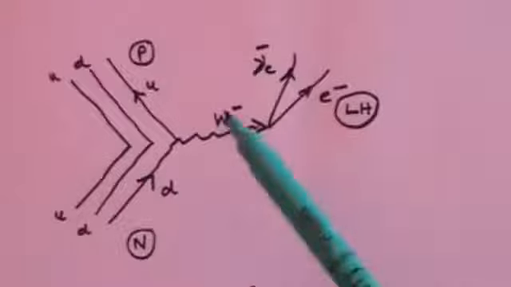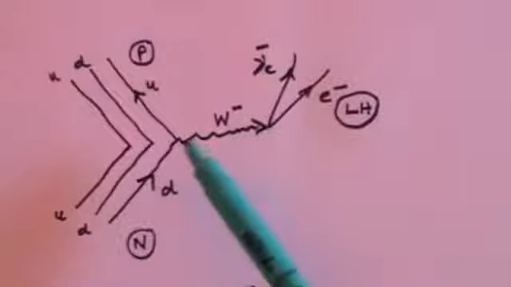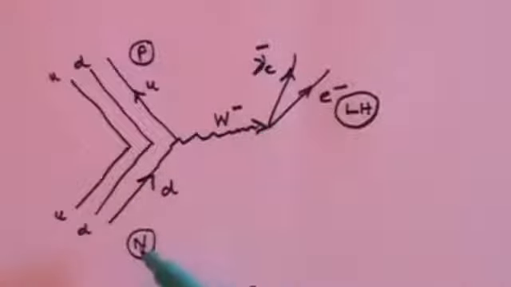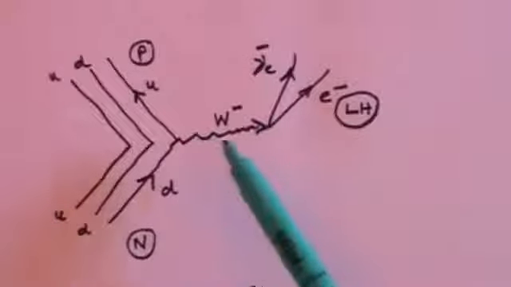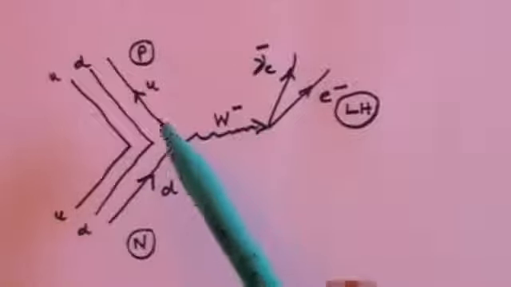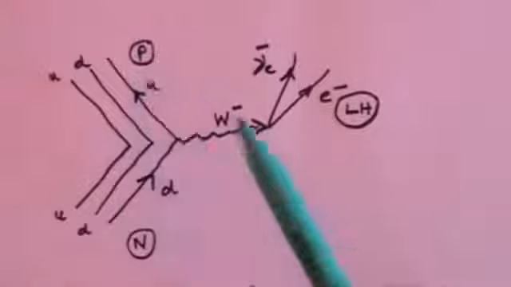What is actually happening in terms of charge in this diagram is that the W- is carrying away a negative charge from what was a neutral particle, the neutron. And if it carries away a negative charge, then for charge conservation, it must leave a positive charge, which is why the proton has a positive charge.